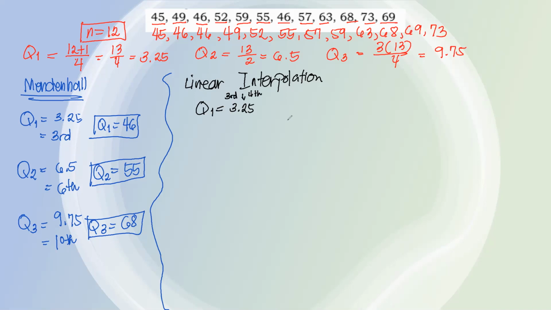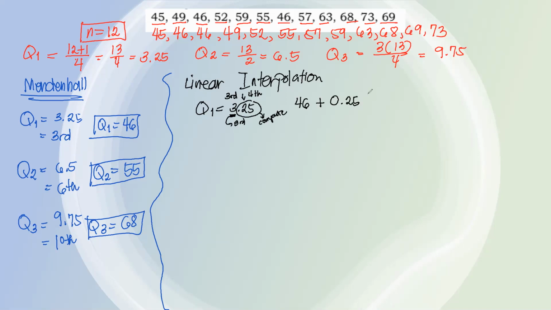So ibig sabihin, kailangan mo kunin yung pang third. 1, 2, 3. And that is 46. Plus, yung 0.25 kasi meron ka ng 3. Nakuha mo rin pang third data. Yung 0.25 yung kailangan mong i-compute ngayon.